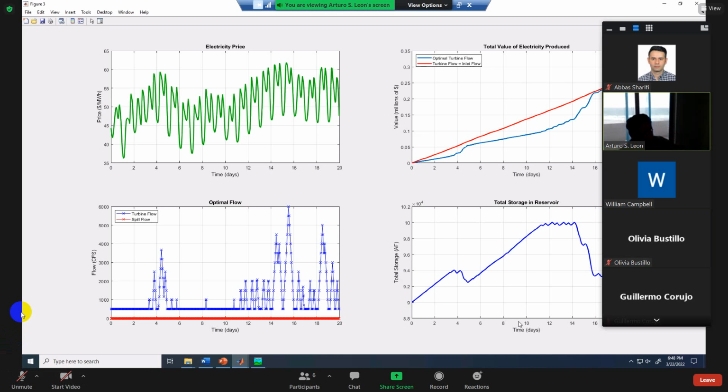Once you start to apply this to a particular case, my suggestion for hydropower and for flood control is this. Here we have 20 days and decision variables every hour, so 20 times 24 gives 480 turbine flows, plus 480 spillway gated flows.